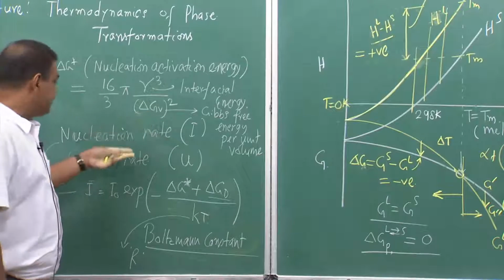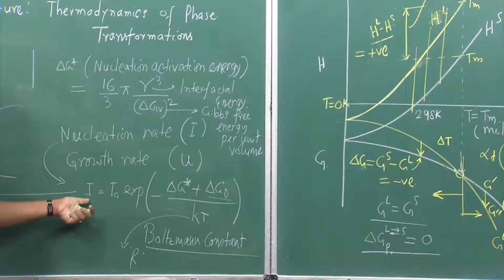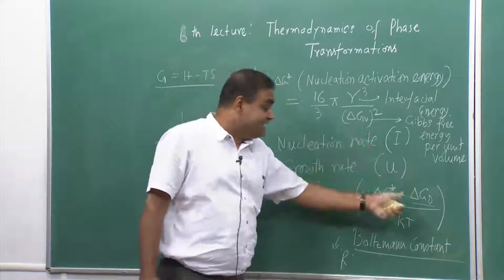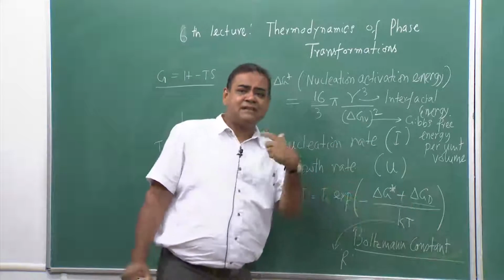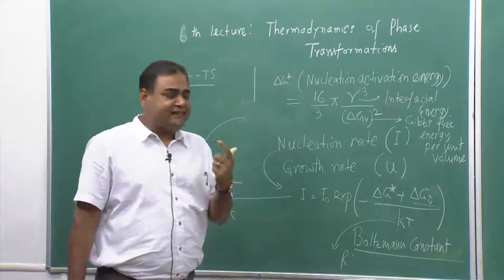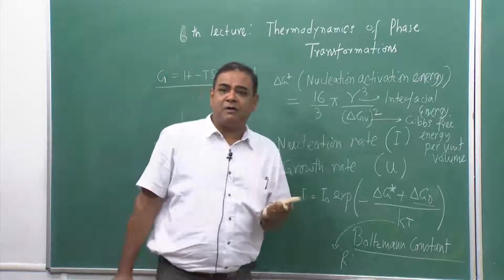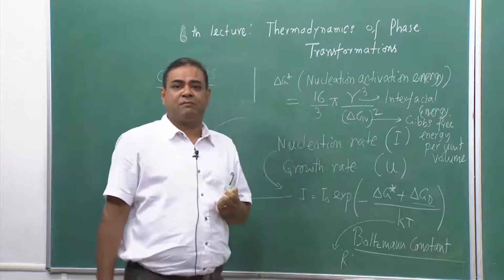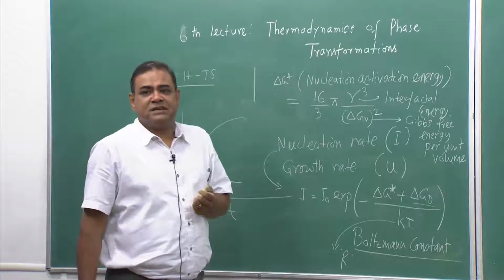So, that means in order to find out I, we need to find out del G V, and this del G D is another activation barrier, and this activation barrier is nothing but the barrier for diffusion to take place in the material.